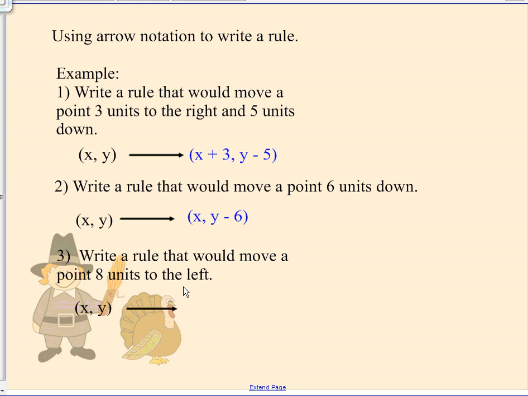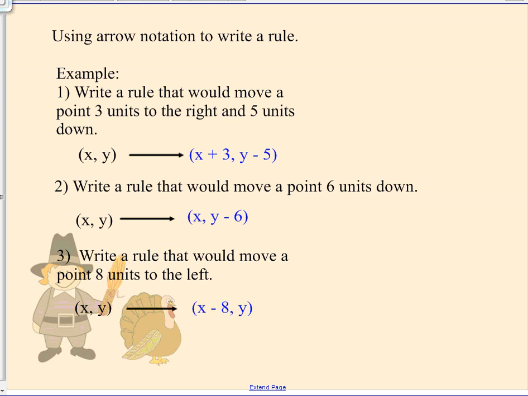Okay, in this case, you're just changing your x, your y stays the same, so your last part of your notation should just be y, but the x should be subtracting 8. All right, so it's just describing the moves in math terms like addition and subtraction rather than just saying right, left, up, or down.